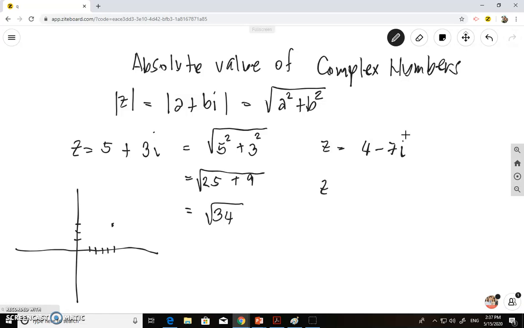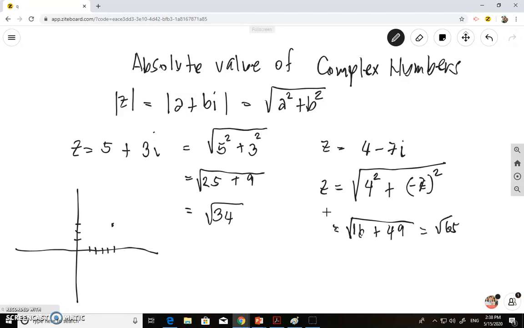To find the absolute value, we get 4 squared plus negative 7 squared, all under the square root. 4 squared is 16, plus 49. So how much do we have? That is the square root of 65. Can we simplify it further? No, so square root of 65 is the simplest form of the absolute value of this complex number.